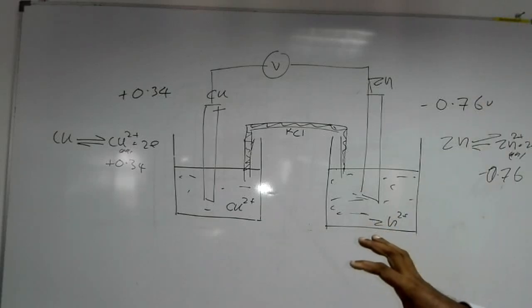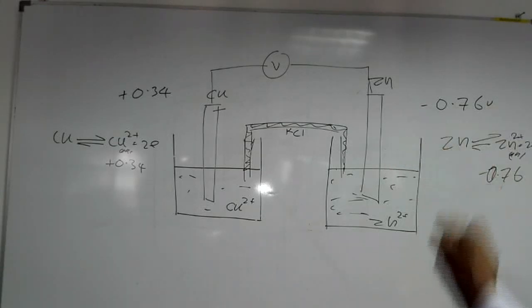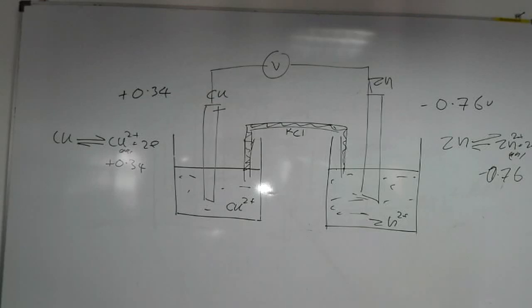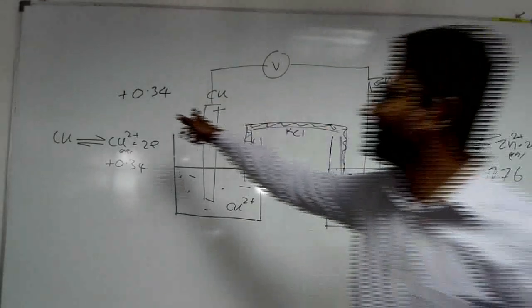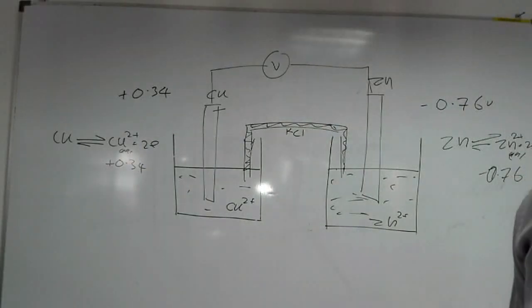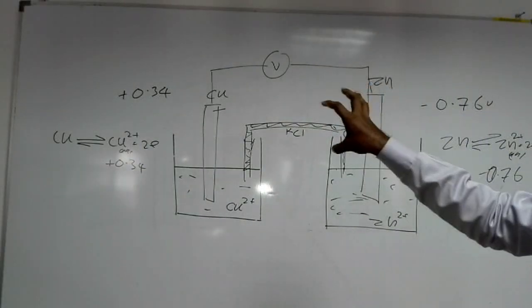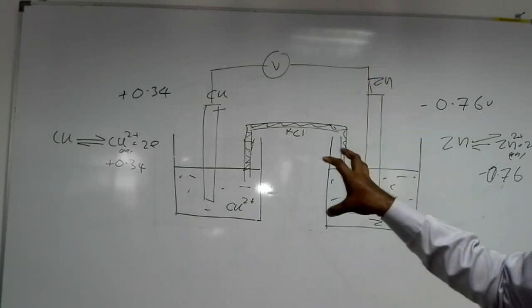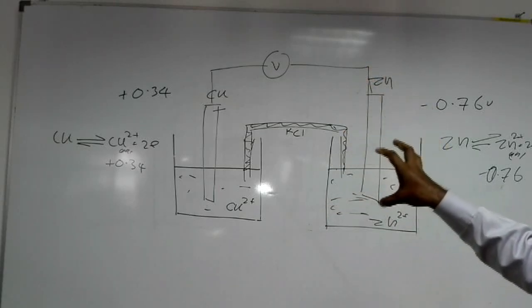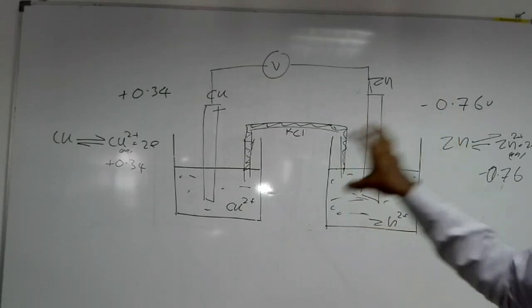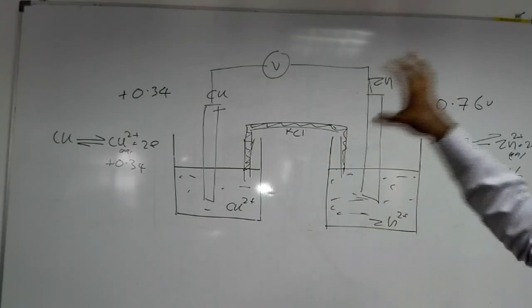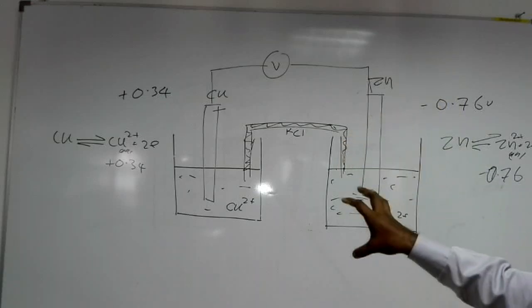That part you have to decide according to the electrochemical series. So when we consider copper and zinc in the electrochemical series, zinc has a minus sign, and copper has a positive sign. So when considering these two electrodes, you have to find the anode and cathode, or the oxidation and reduction parts. I'll show you a very useful method to keep in mind to find the oxidation part and reduction part, the cathode and anode, in the next one.